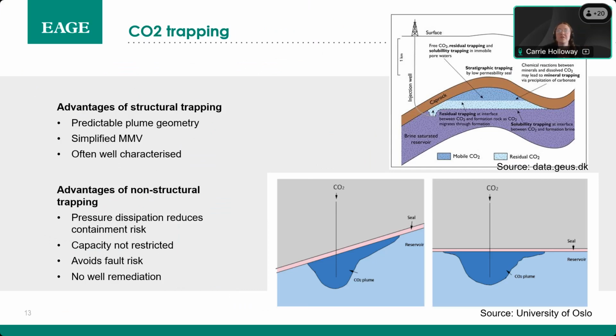You tend to avoid faults or fractures related to structure this way as well. You may also be away from any exploratory wells, so there could be a lesser issue for well remediation.